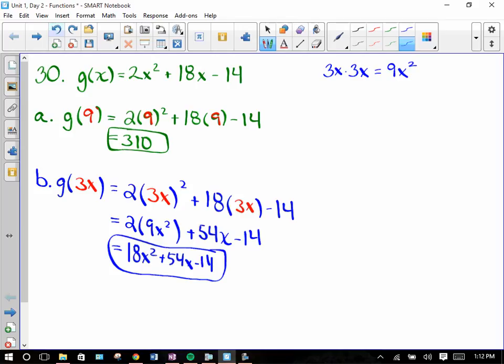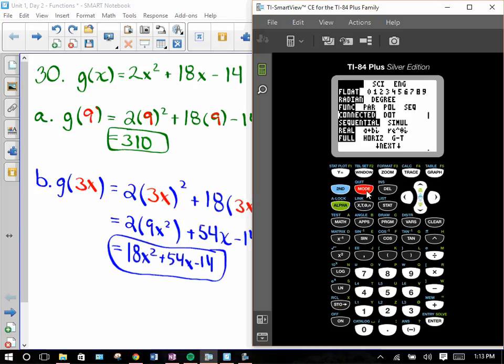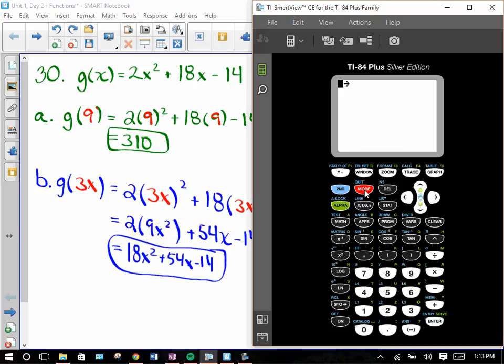All right. So for instance, I can show you on this calculator right here. I can say 2, store x, hit enter.